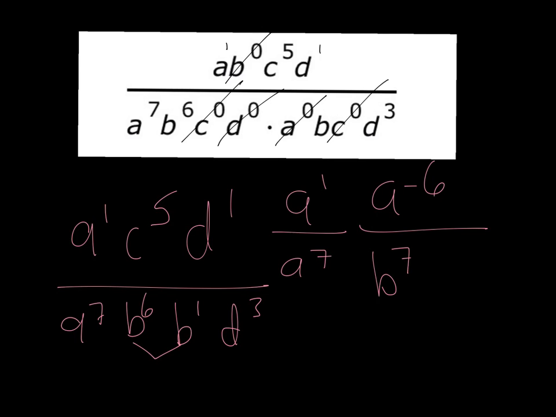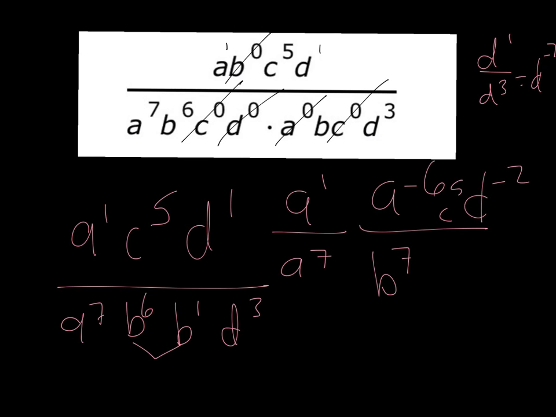And when I'm looking to cancel out my d's, I have d to the first being divided by d to the 3rd. That's a subtraction problem. That's going to give me d to the negative 2nd, because I'm doing 1 minus 3. And then I still have that c to the 5th up top as well.